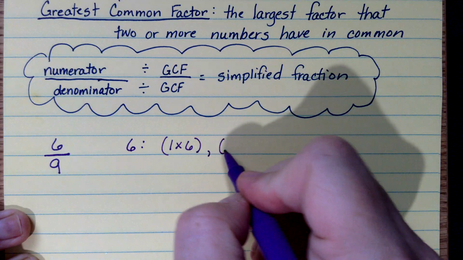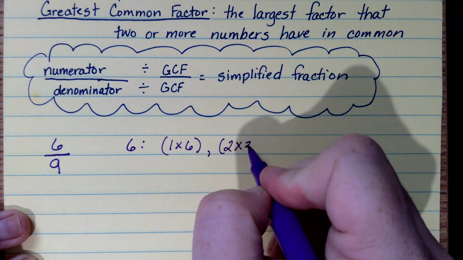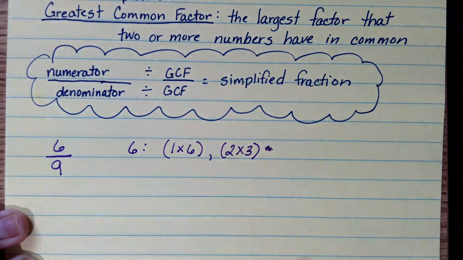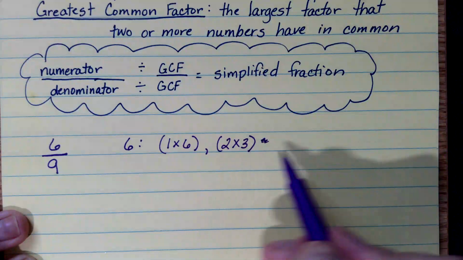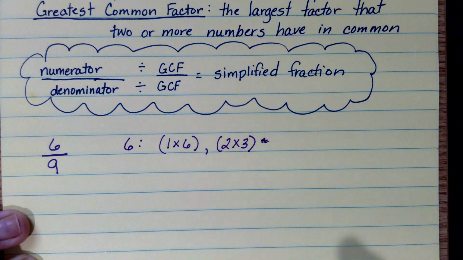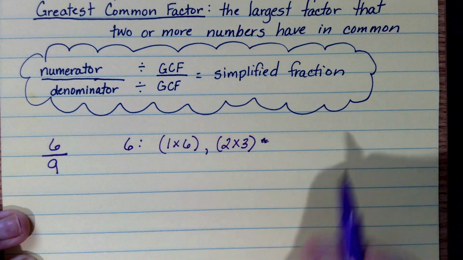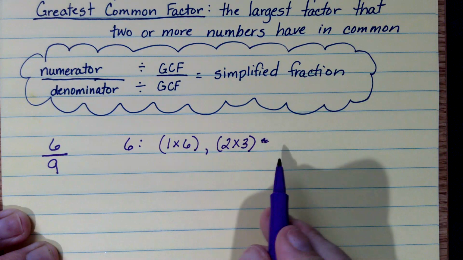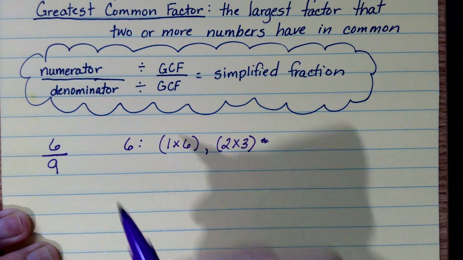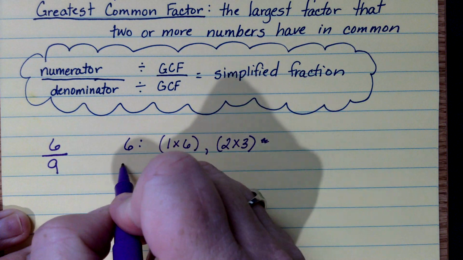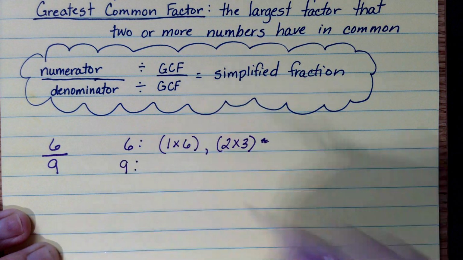And I know 2 times 3 equals 6. If I go any further than that, it's going to be 3 times 2, which would be a repeat, and 6 times 1, which would be a repeat. So I don't need to continue on. Now we're going to go to 9.